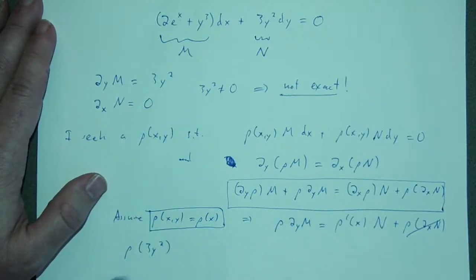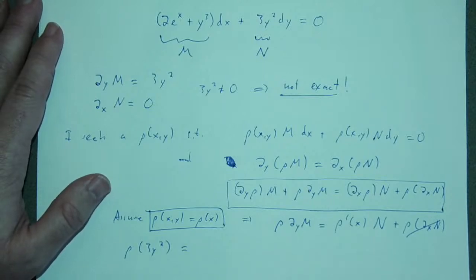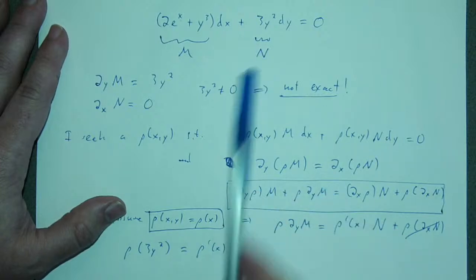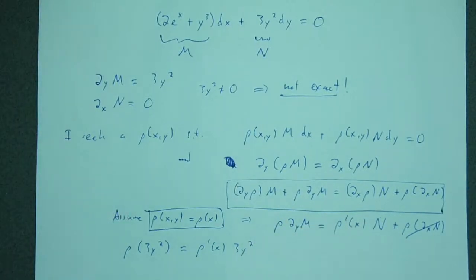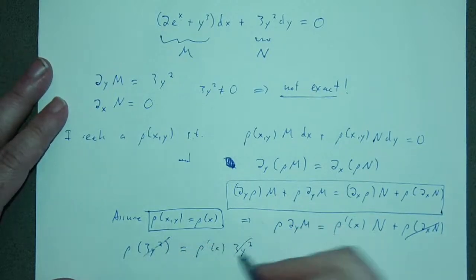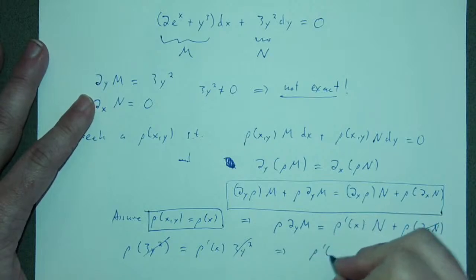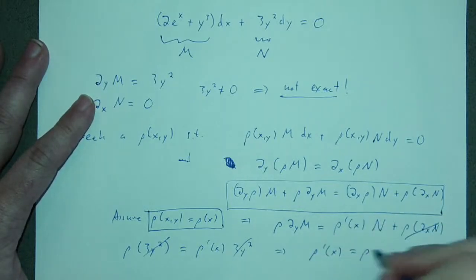So rho times 3y squared is equal to rho prime of x times n, which is also 3y squared. I can divide both sides by 3y squared, and so I get the differential equation rho prime is equal to rho.